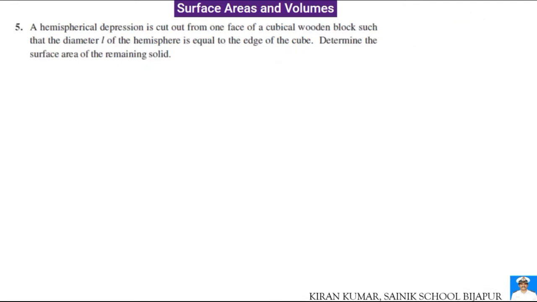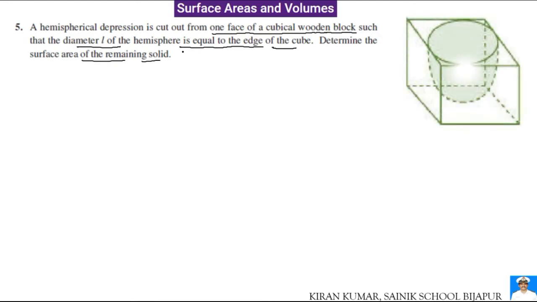Next question. A hemispherical depression is cut out from one face of a cubical wooden block such that diameter L of the hemisphere is equal to edge of the cube. Determine the surface area of the remaining solid. Here, hemispherical depression is cut out from one face of a wooden block.